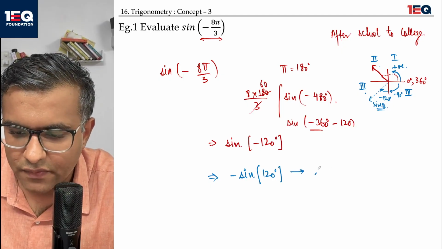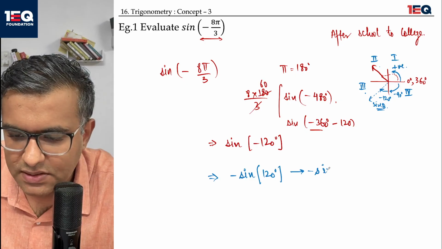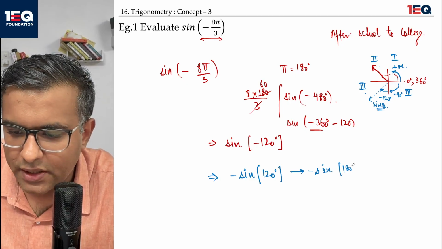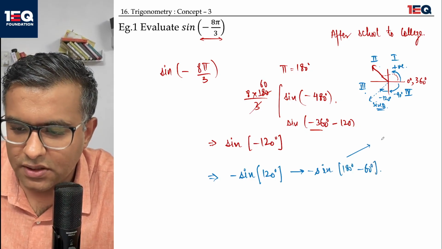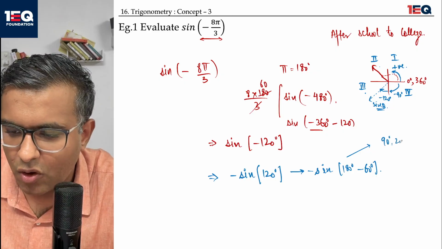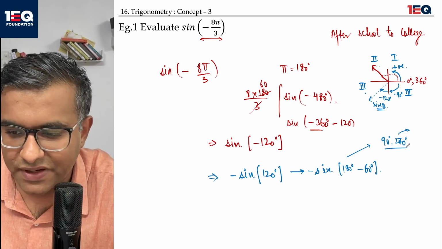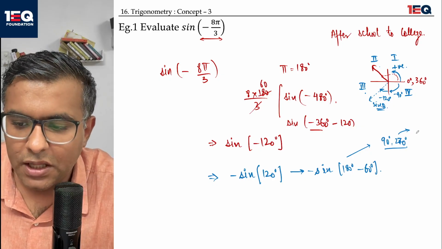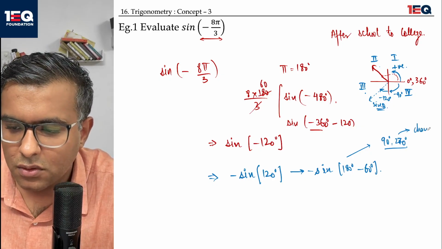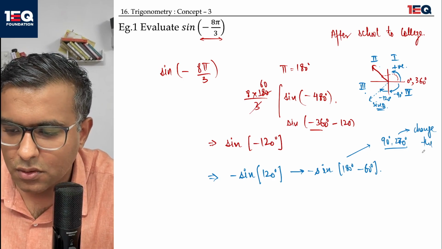I will have to convert it to minus sin(180° − 60°). It was already said that at 90 degrees or at 270 degrees, you would achieve a point where you will have to change the ratio.